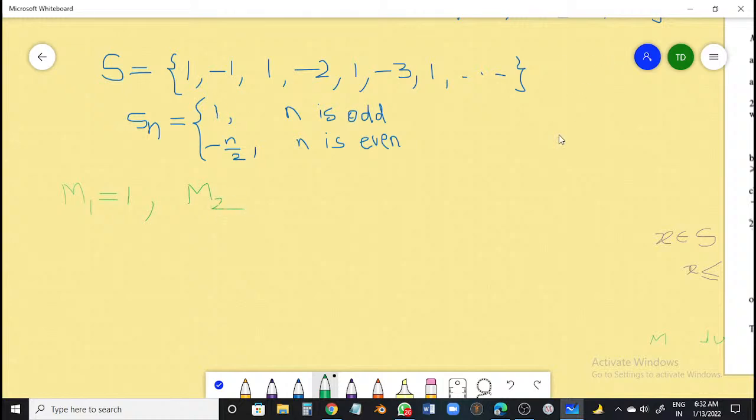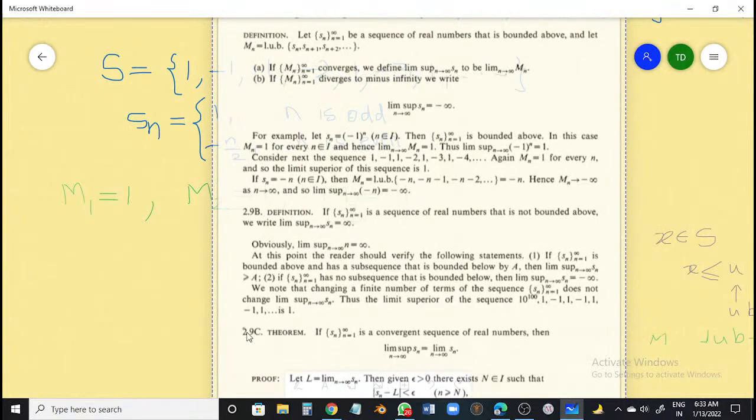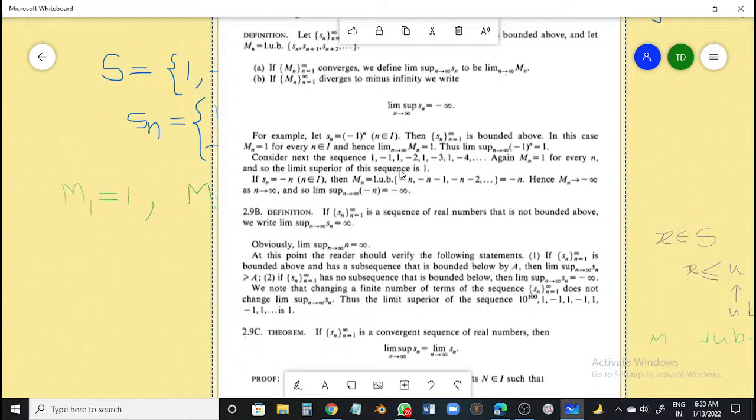From minus 1 onwards, still 1 is the sup. For the third, still 1 is the sup, because all the remaining are negative terms, so this becomes a constant 1. So m1, m2, m3 are fixed values, 1, no doubt. So the limit superior of this sequence is 1. So in this case also the limit superior is 1.